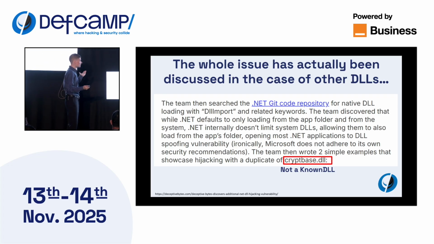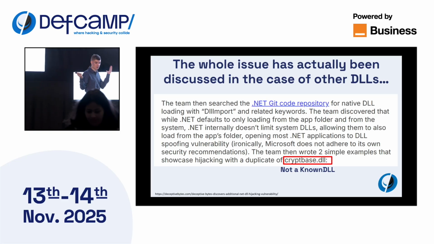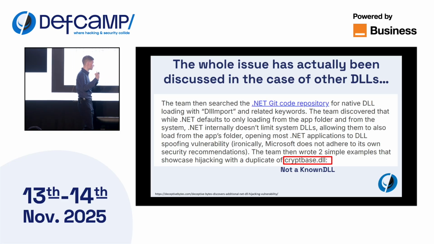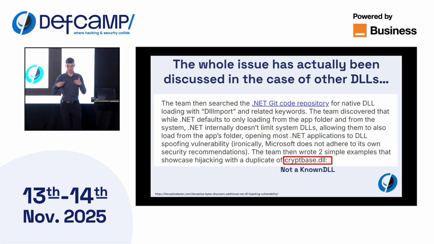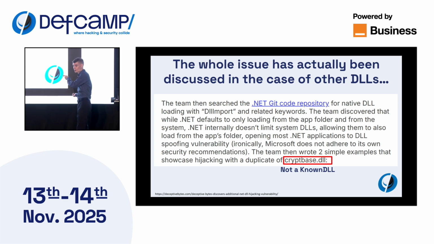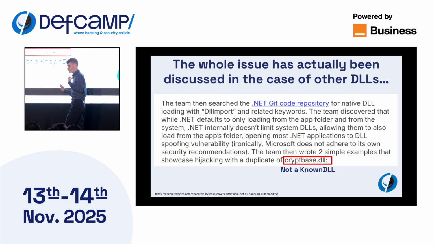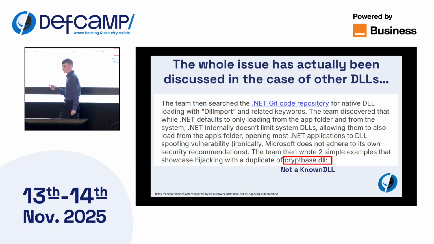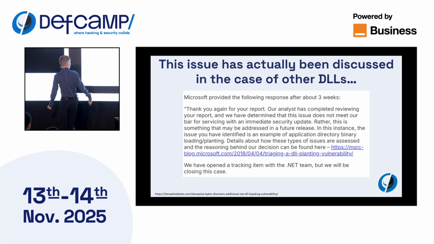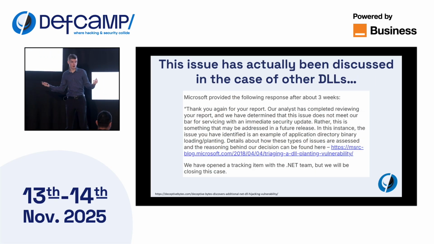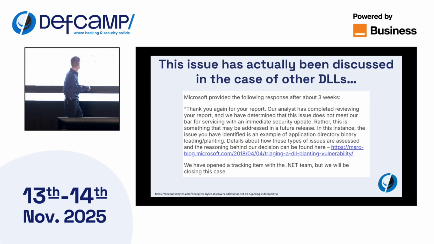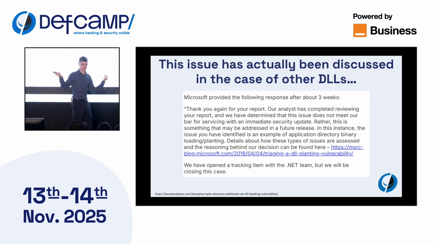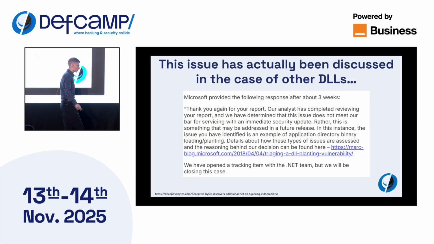And they said, yes, .NET doesn't limit system DLLs when searching for a DLL, so Microsoft does not adhere to its own standards of security when it comes to loading DLLs, and so this is bad. Obviously, they reported the issue to Microsoft. Microsoft admitted the problem, but they said it does not meet the bar for servicing with an immediate security update. They say it's something that we may fix later, and that's it.